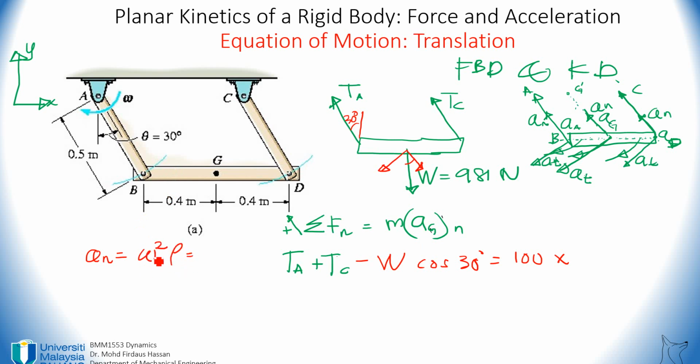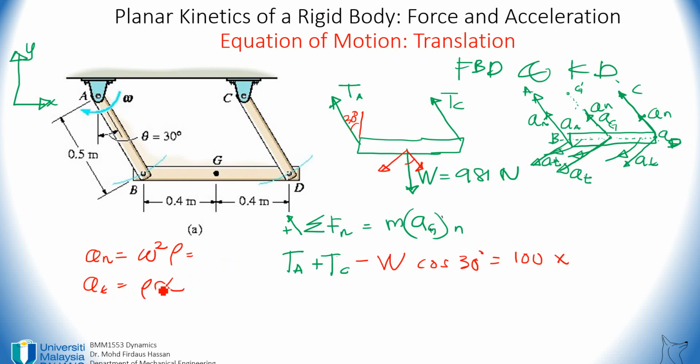Omega is the angular velocity, and rho is the radius of the curvilinear path. So what is AT? AT is basically rho alpha.